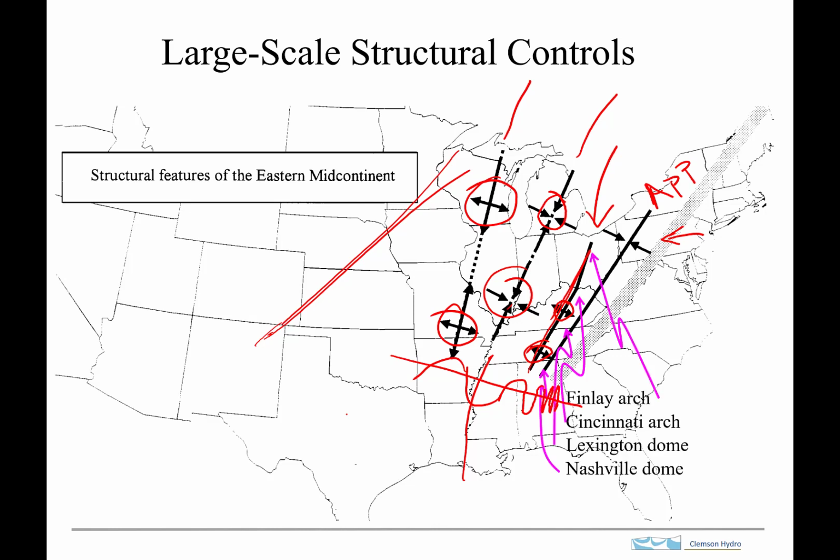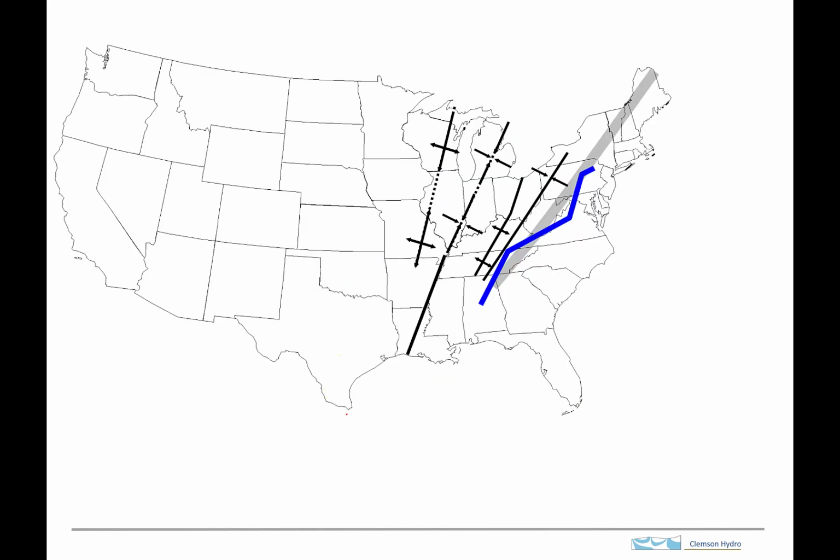So there's some of the names, and there you go. And so what would be useful is for you to go ahead and see if you can name what these features are just from memory.